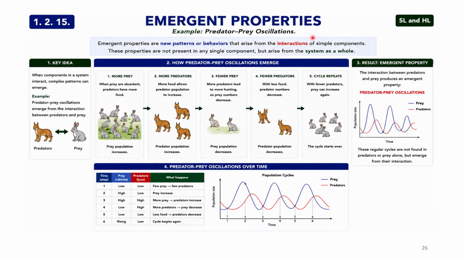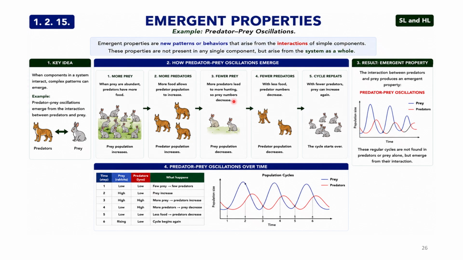Emergent properties are new patterns or behaviors that arise from the interactions among system components rather than from any single component alone. A classic example is the predator-prey cycle. When prey, such as rabbits, become abundant, predators like lynx have more food available, allowing their population to increase.